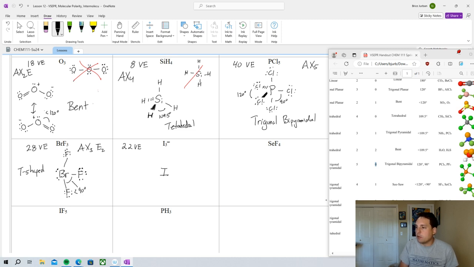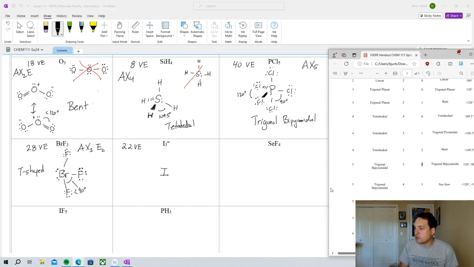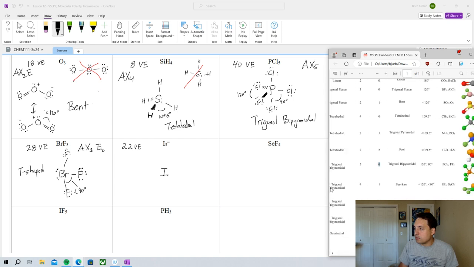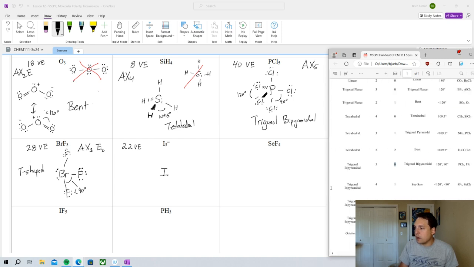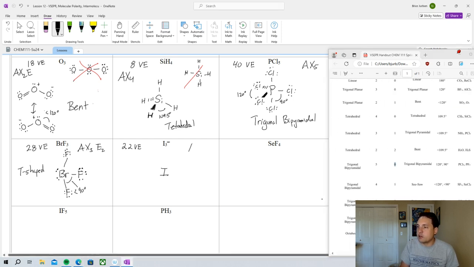But what we're going to see in this one is that each of those iodines is going to have 3 lone pairs, and we'll be left with 6 electrons left over. This is going to be our AX2E3 notation. I don't have it written on here.